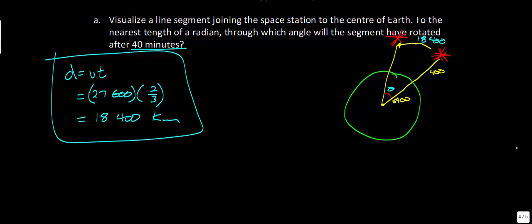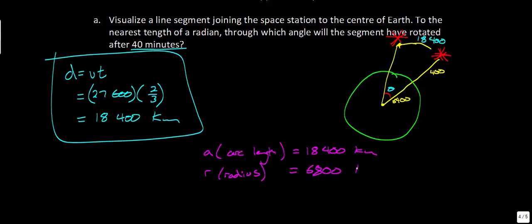So let's first start by writing down some of our knowns right here. We know that A, and remember what A represents, that is the arc length. So my arc length is equal to 18,400 kilometers. We also know that R, my radius, is equal to 6,400 plus that 400, so don't forget to add those together, gives you 6,800 kilometers like so.